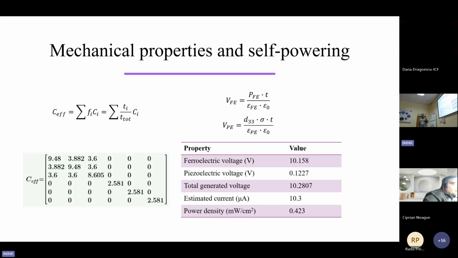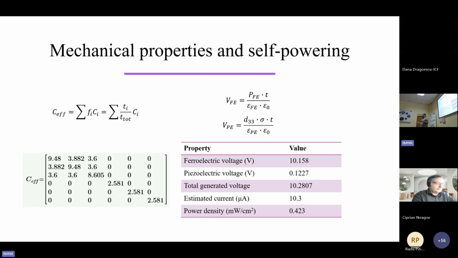By computing the ferroelectric and piezoelectric currents from the barium titanate and zinc oxide materials used earlier, we can see that just by pressing on the surface of the detector, because I chose a value of just putting your finger on the detector, because that's how we would use it, we have a 10.3 microampere current.